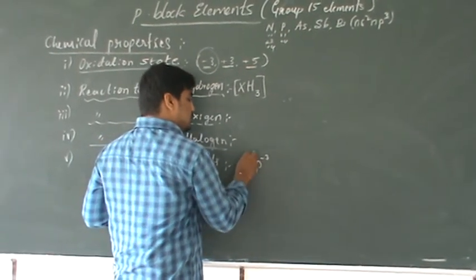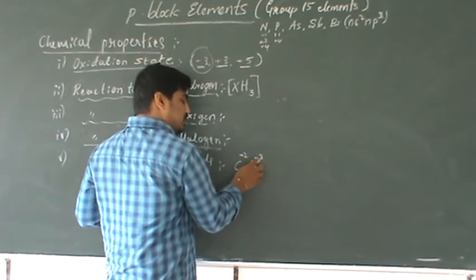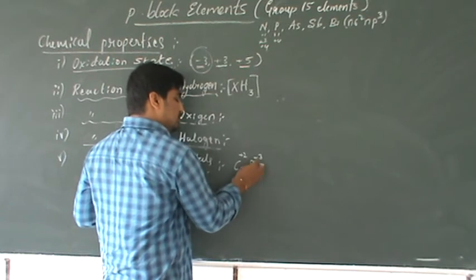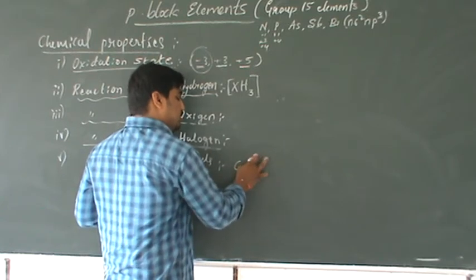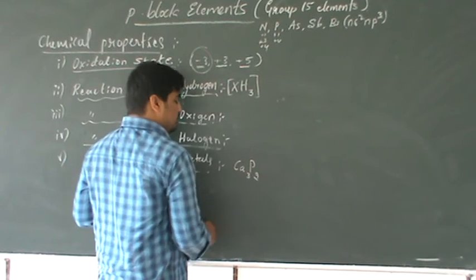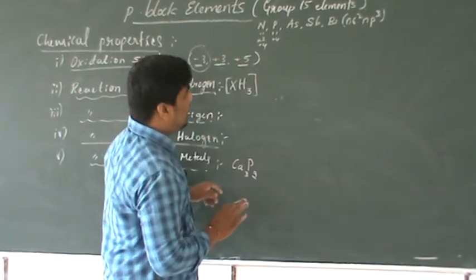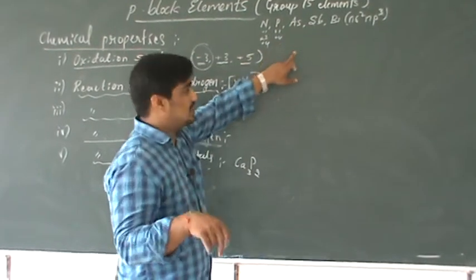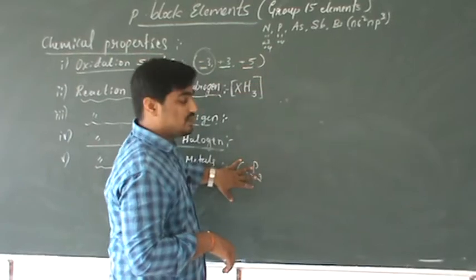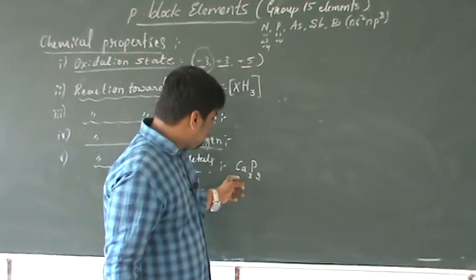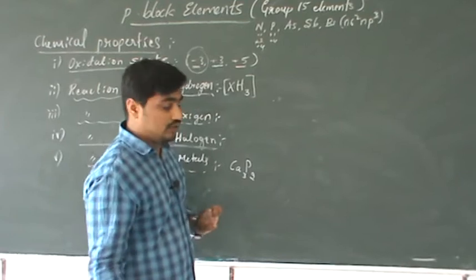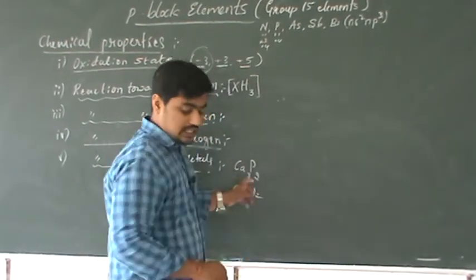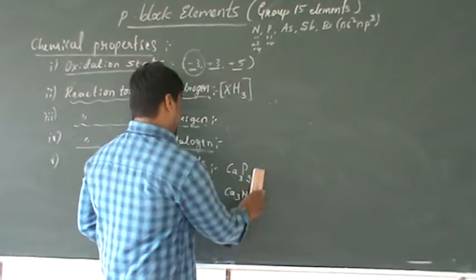When it shows -3, the metal always shows +2. To balance this compound, Ca3P2, calcium phosphide, sodium phosphide, sodium arsenide, and calcium nitride are possible. Such types of compounds are possible with metals.